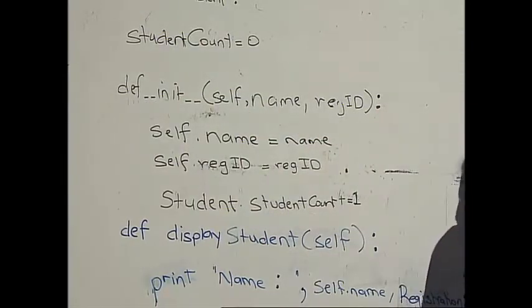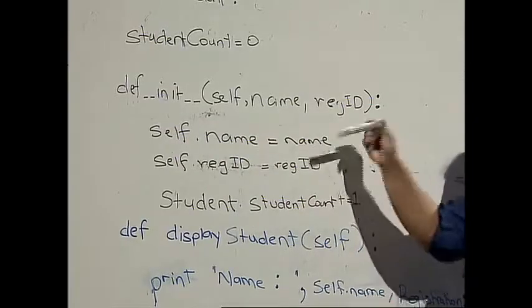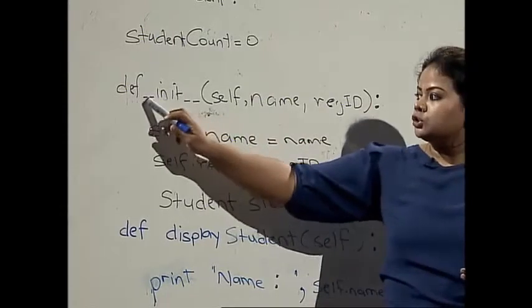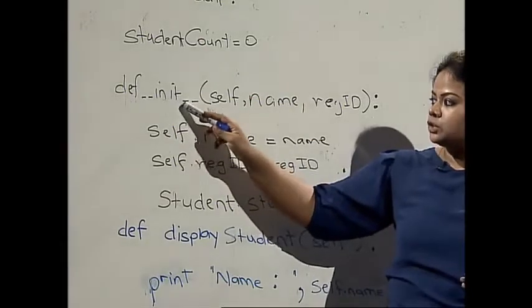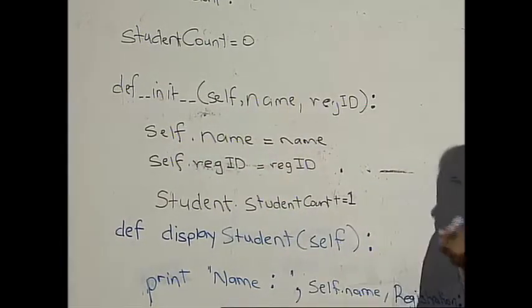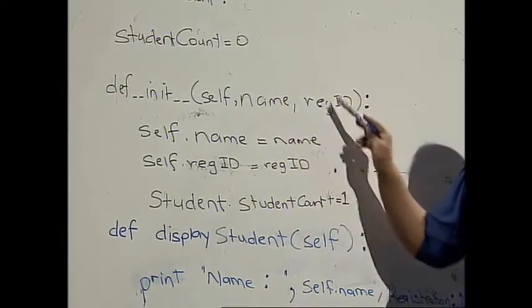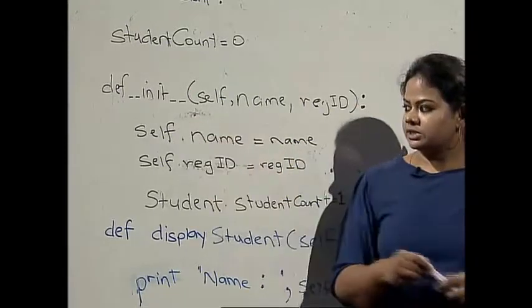So in this method, it's actually a special method. It's the constructor which has 2 underscores beginning of the init and 2 underscores after. Also, we have this parameter which is name and registration ID. Let's talk about what self is.